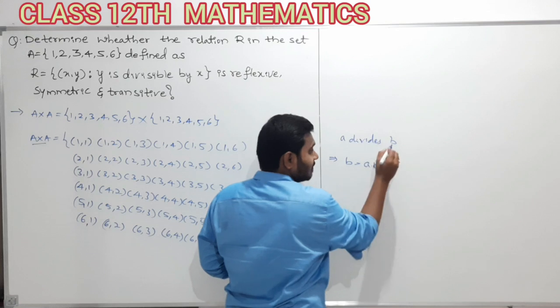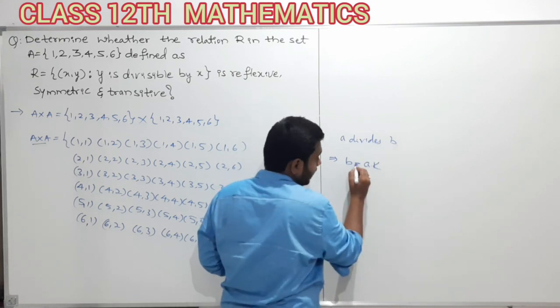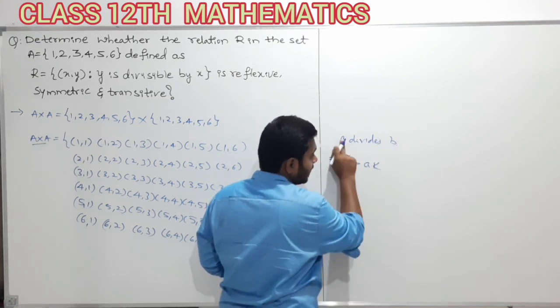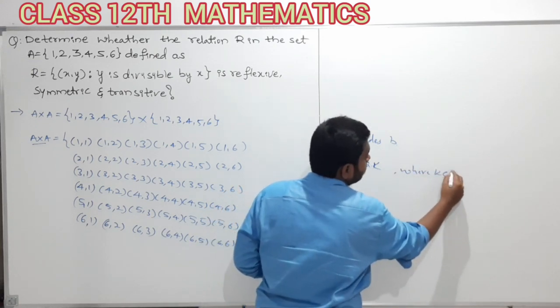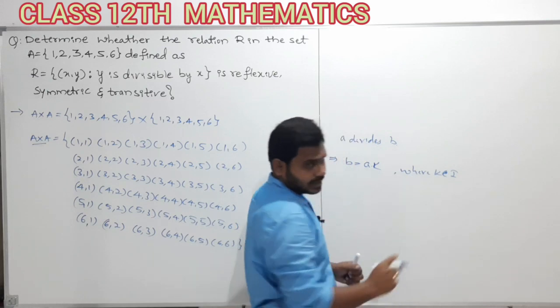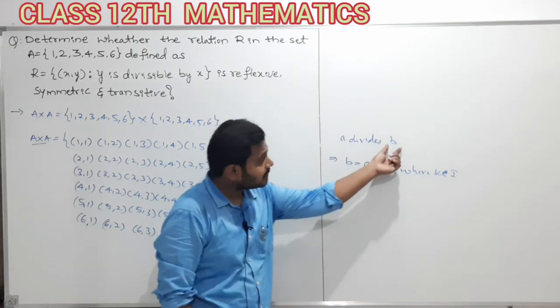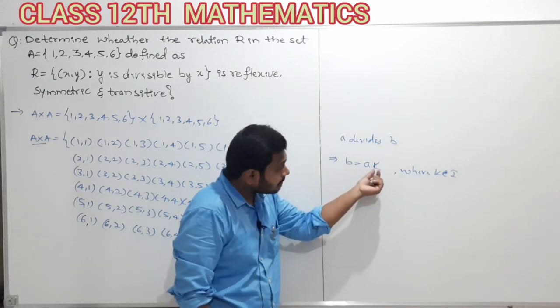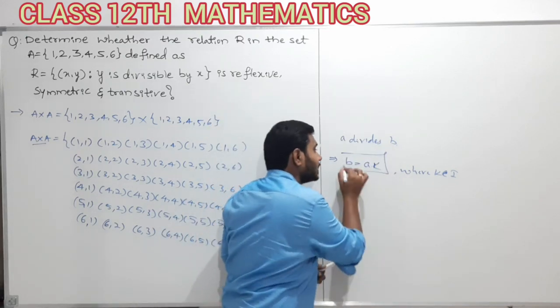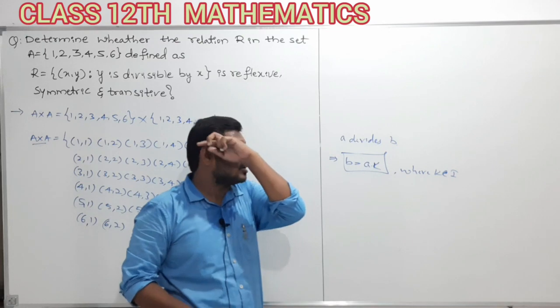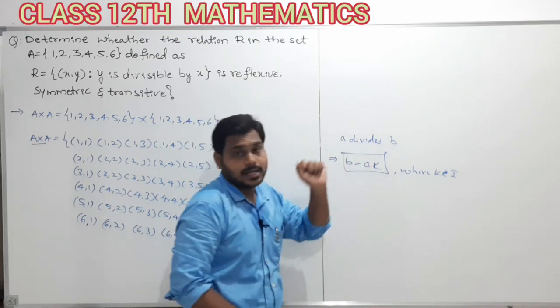B should be able to be written in the form A into K, where K is an integer. You can take any integer. You should write the B value as some integer multiple of this A. If you are able to write like this, then we can call it A divides B.